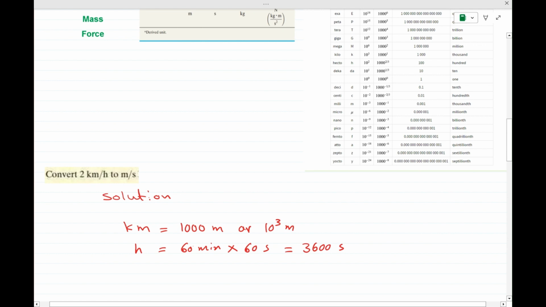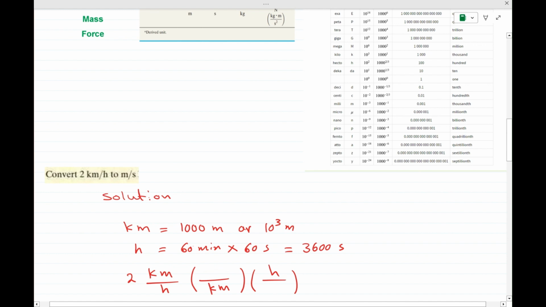Now we have 2 kilometers per hour, and we want to convert it to meters per second. I'm going to multiply by two terms so that each term will cancel one of these. The kilometer will go in the bottom of this fraction, and the hour will go on the top.